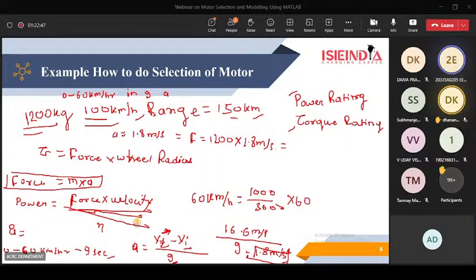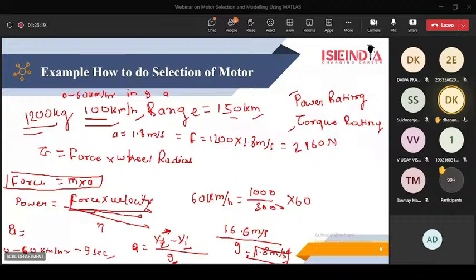Force is equal to 1200 into 1.8, so it is near about 2160 Newton.